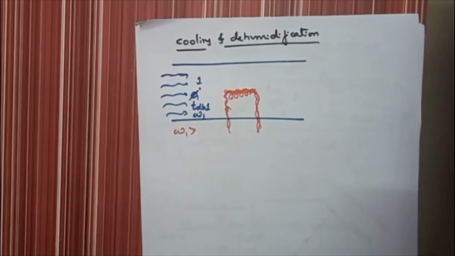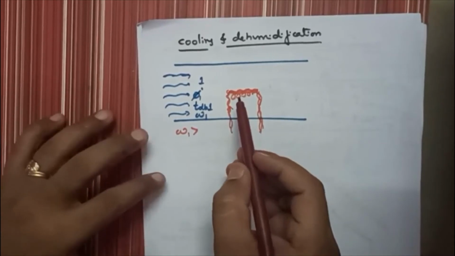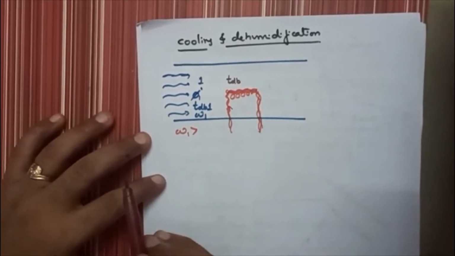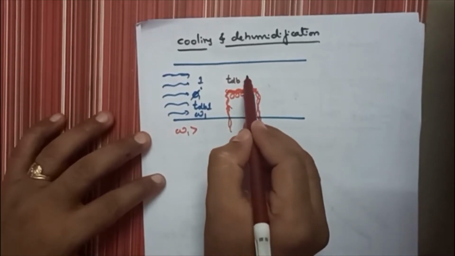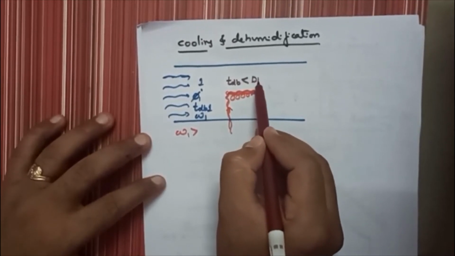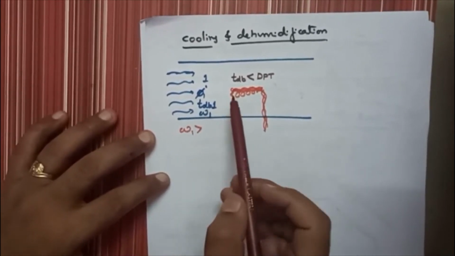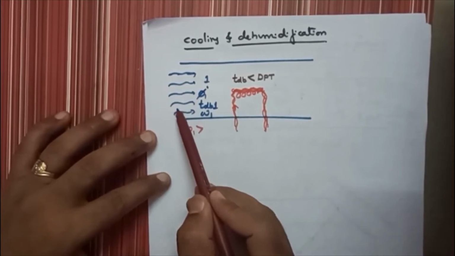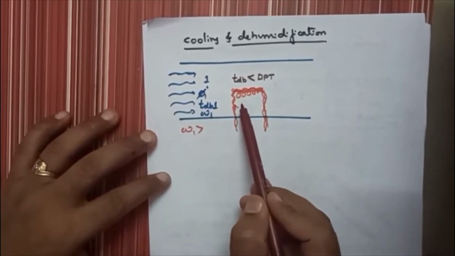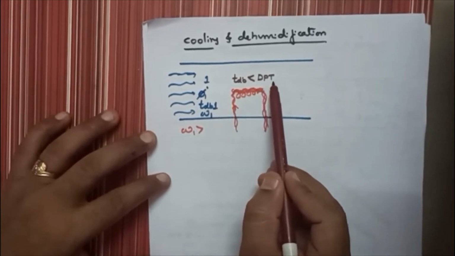Into the cooling coil, one thing you need to remember is that the temperature of the air, that is the dry bulb temperature of the air, should be less than the dew point temperature. The reason is that the moisture content in the atmospheric air will condense to liquid when the temperature of the air becomes less than the dew point temperature.